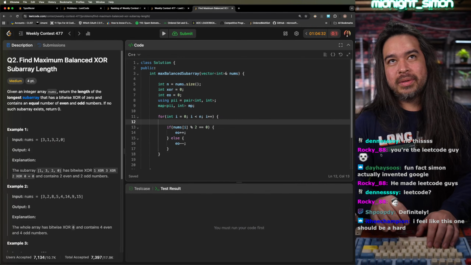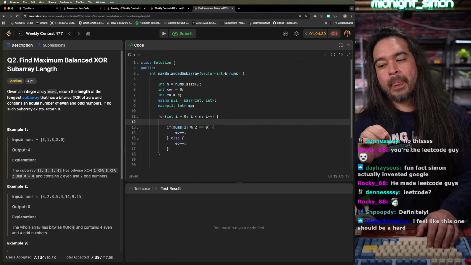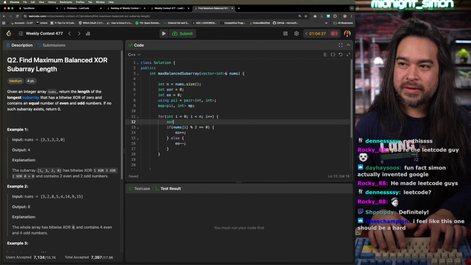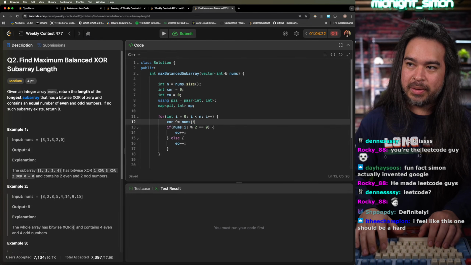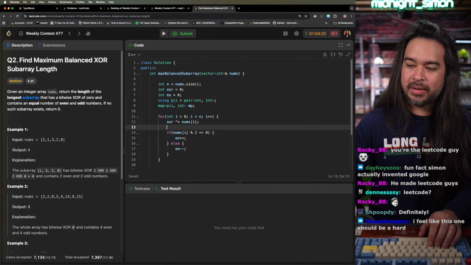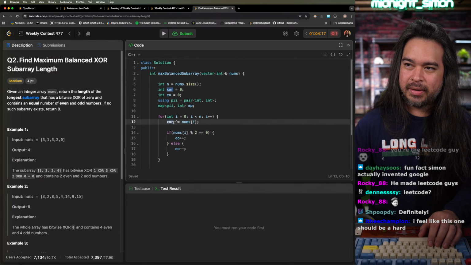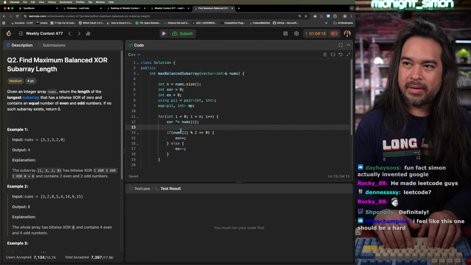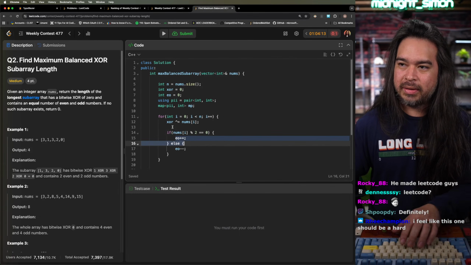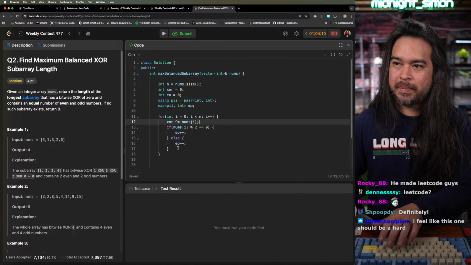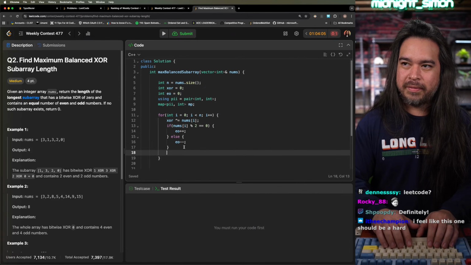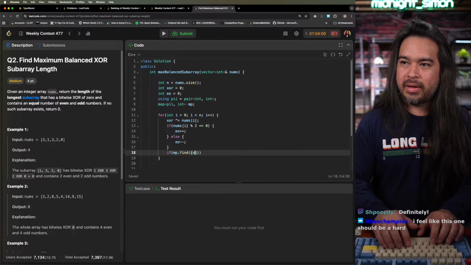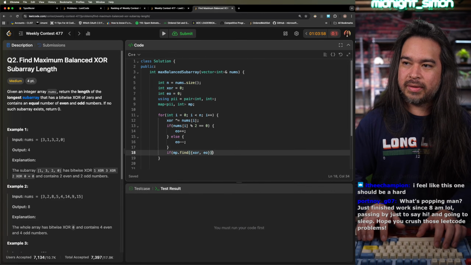So here we go. I guess we do the XOR thing first. And then our target would just be the same XOR, I think. And then the even odds thing is done here. So now I'm just looking for this pair, XOR and even odds.